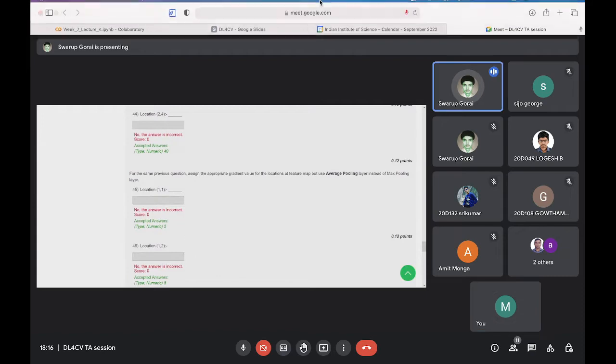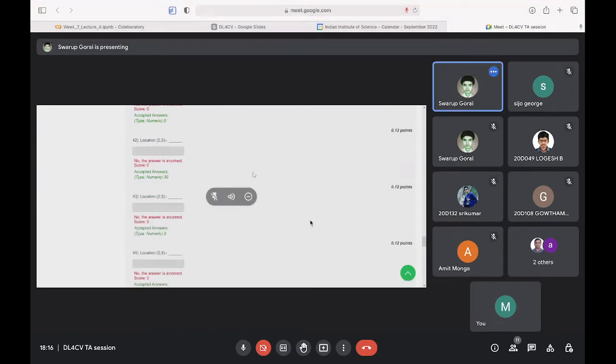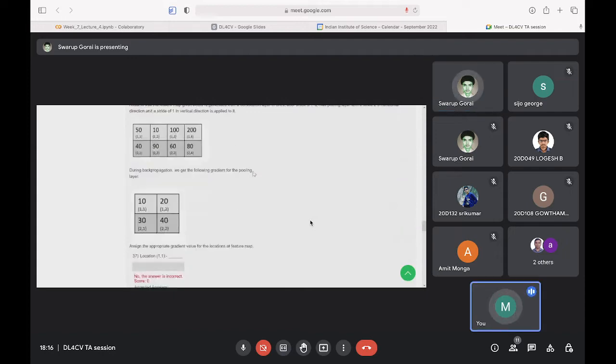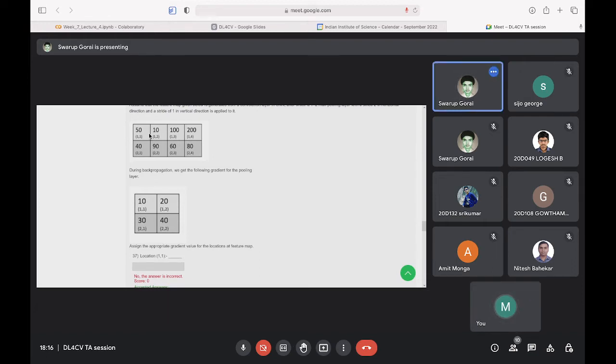Now one more thing, for the same previous question, use average pooling. In average pooling, in the forward pass I would have computed (50 plus 10) by 2, then (100 plus 200) by 2. So when I pass the gradient back, it contributes to both positions, 50 and 10.